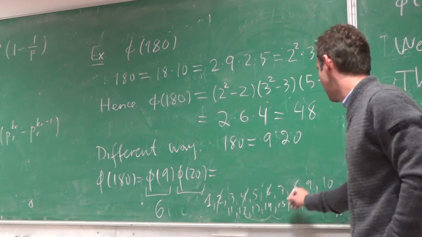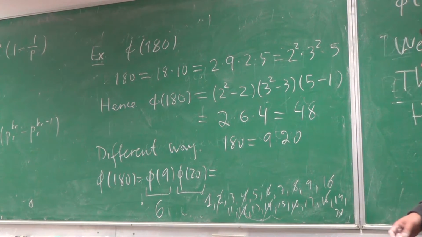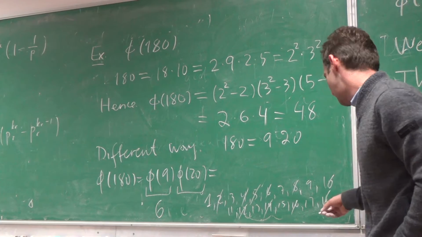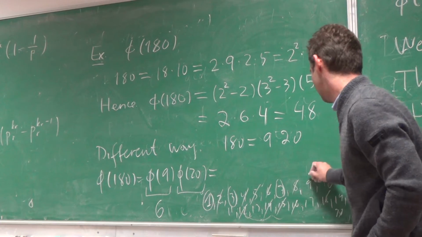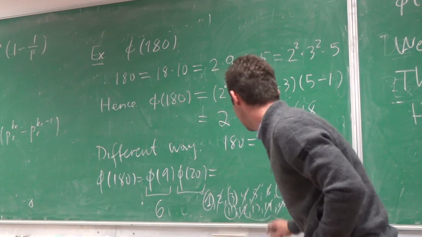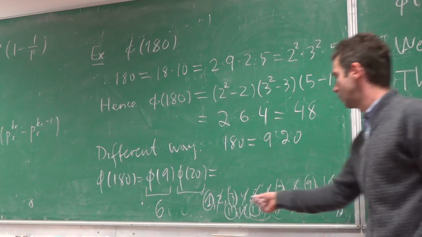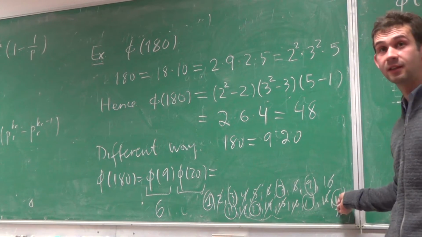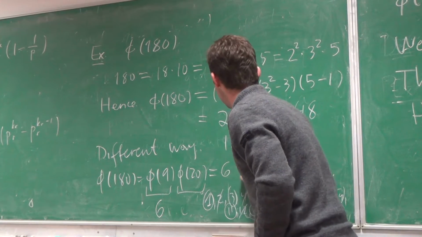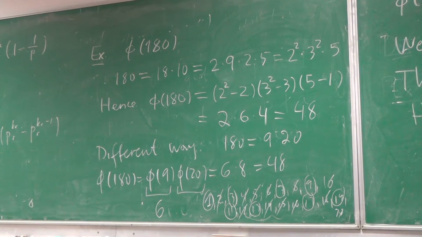So all the even ones are gone, and all those divisible by 5 are gone. Sorry, this is not very legible, but you can imagine what I'm doing. The remaining ones are 1, 3, 7, 9, 11, 13, 17, 19. So let's see, 1, 2, 3, 4, 5, 6, 7, 8. Exactly. So it's 6 times 8, which is 48, right? So everything makes sense.